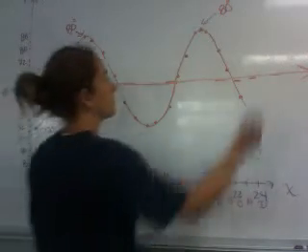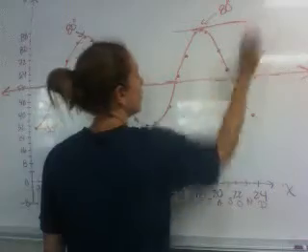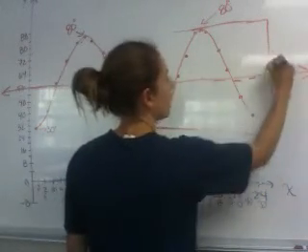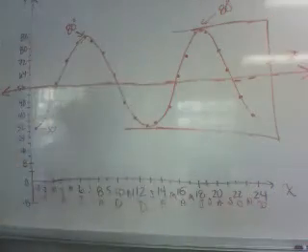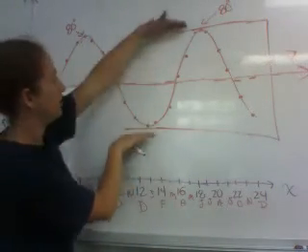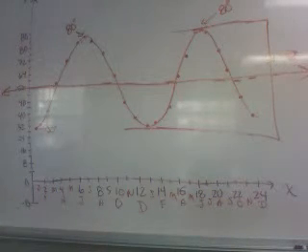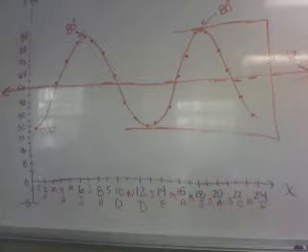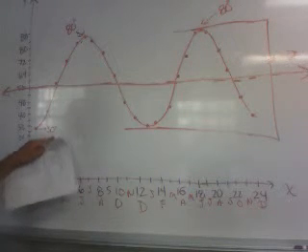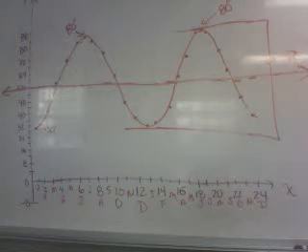So amplitude is basically taking the top of your wave and the bottom of your wave, and you divide it by 2. So this whole distance from bottom to top, what is that whole distance? Well, we know the bottom is 30, and the highest point is 80.